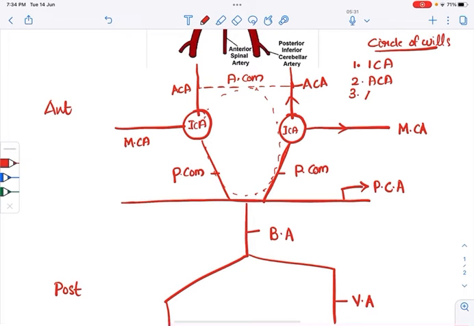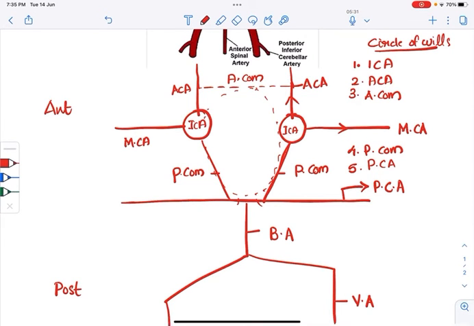The third one is the anterior communicating artery, and the fourth one is coming this way, the posterior communicating artery. Then the fifth one is the PCA. Because it is so simple, if we have this skeletal idea in mind, we can easily figure it out and use it in the future or anywhere.